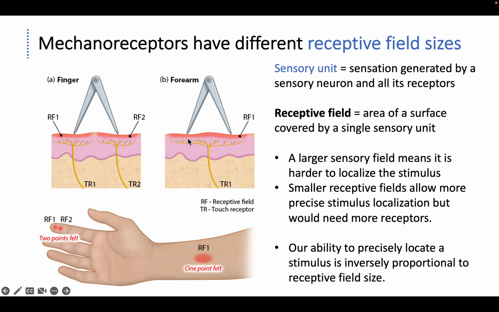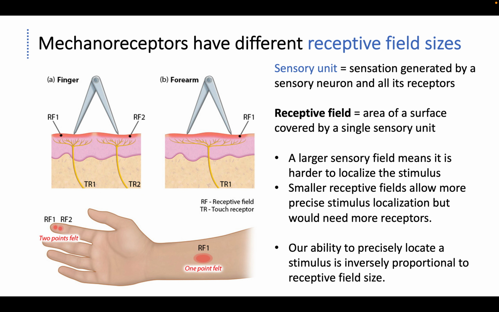So if you have a section of skin that is very large in terms of one sensory unit supplying a lot of that section of skin, and you put 2 points on it, it could be the ends of a staple or the end of a paper clip or something like this.